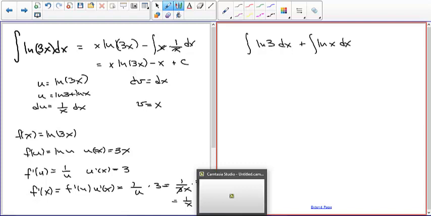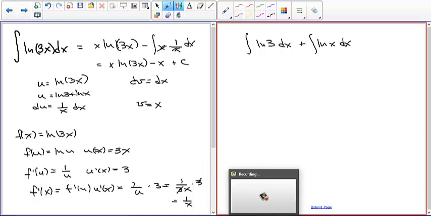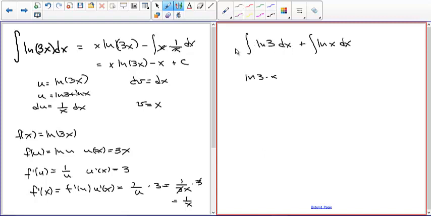So if I integrate that, the integral of the first part is going to be the natural log of 3 times x, because this is a constant, so you can bring that outside the integral. And then you integrate dx, so you get that.